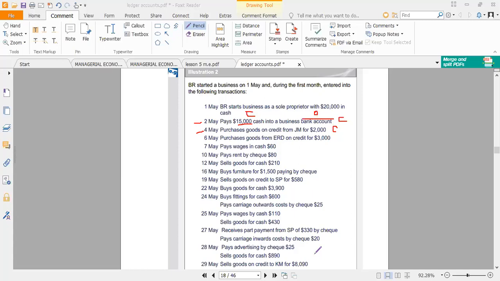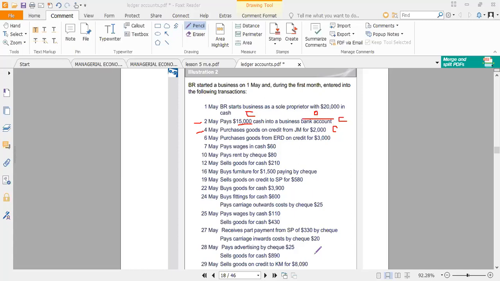And so whenever we are buying goods and we are given transport, that is called a bonus to us. But when we spend transport for bringing goods inwards, we call it carriage inwards. That amount is added to the purchases figure.